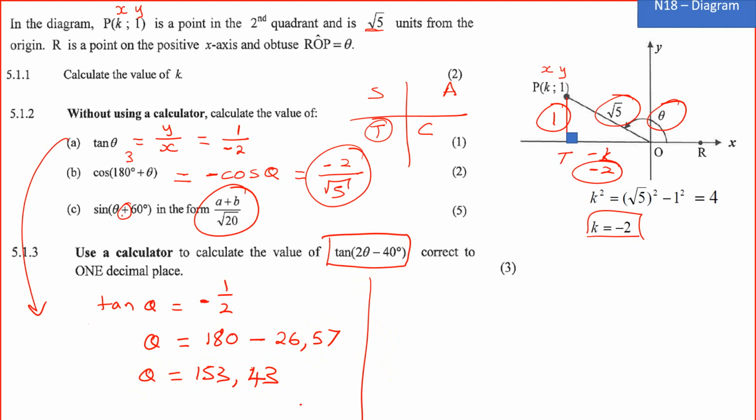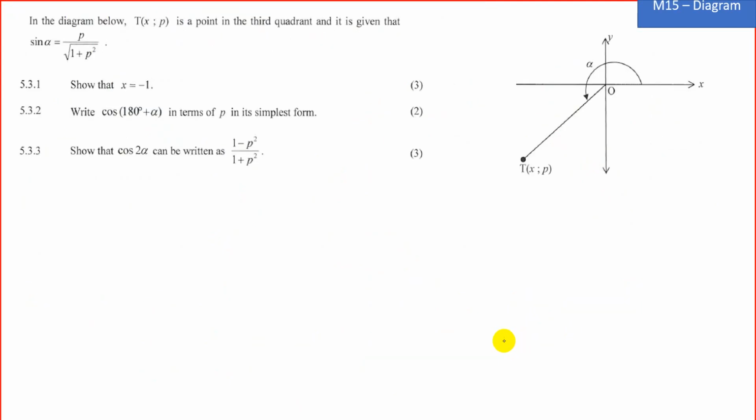Now we know the value of theta. All we're going to do now is substitute. According to this question, we want tan of 2 theta, so we're going to put 2 times 153.43 and subtract the 40. Using your calculator, we work out the brackets, 2 times 153.43, and then subtract 40.